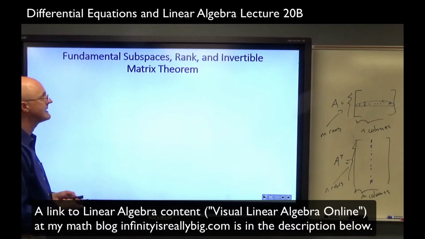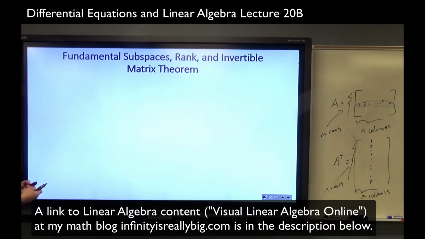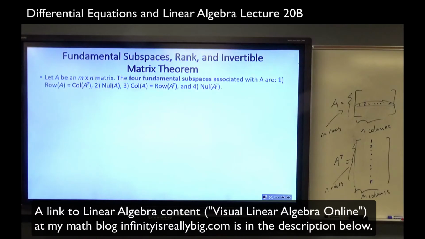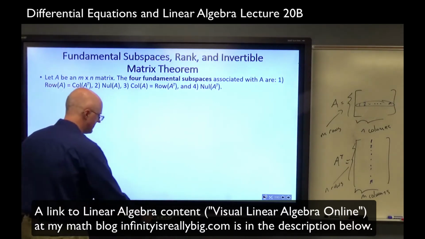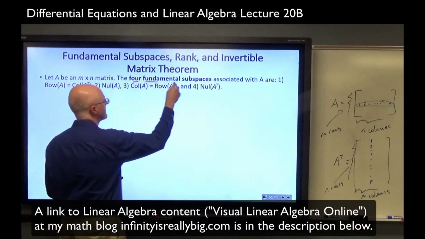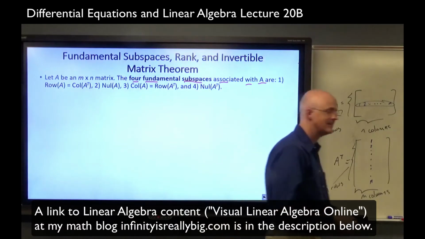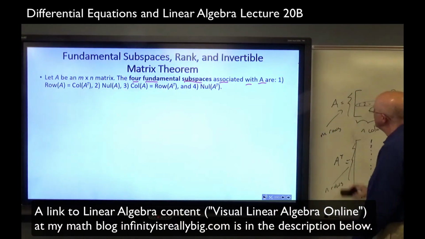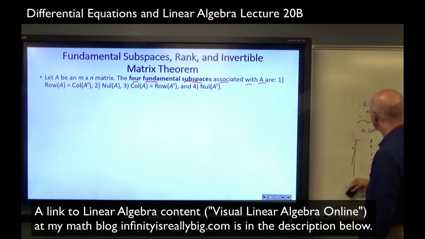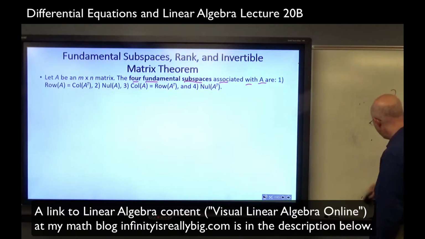Continuing, though, in other facts and definitions that are important, let A be an m by n matrix. We can define something called the 4 fundamental subspaces associated with A. Let's pretend, for the sake of drawing pictures, that A is 3 by 3.